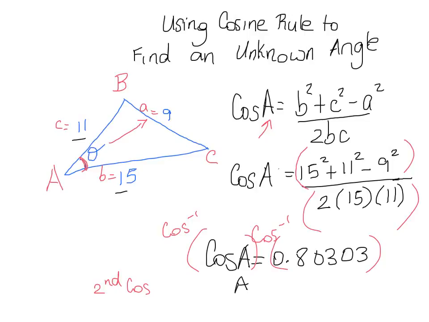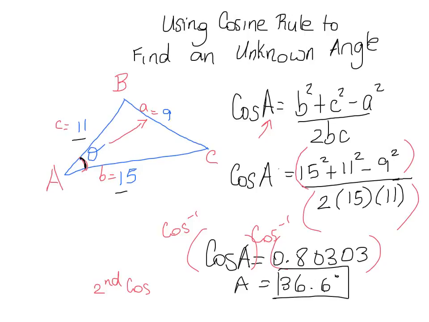And what do we get? I got that A is equal to 36.6 degrees, approximately. And again, you want to make sure that your calculator is in degrees mode. Otherwise, you may be getting the wrong answer. So A is 36.6 degrees, which makes sense.